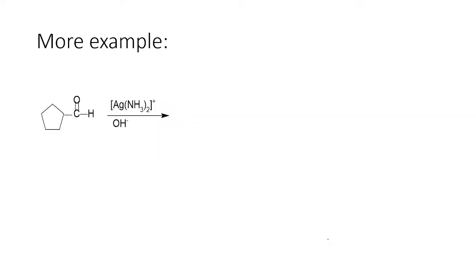Okay, more example. Okay, this one. So what can occur to this thing? This thing is Tollen's test. So Tollen's test using Tollen's reagent to differentiate aldehyde and ketone.